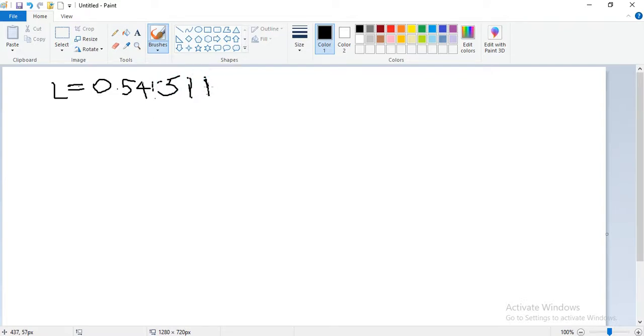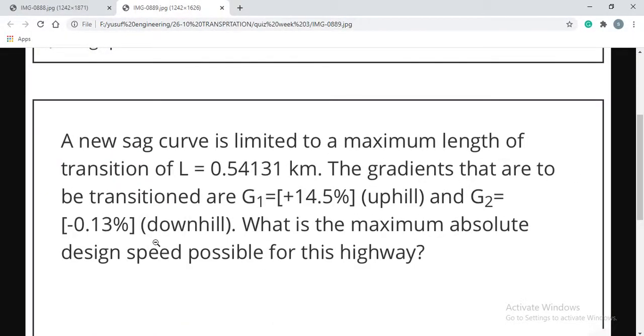It is in kilometer, so multiply it by 1000 and convert it into meter: 0.5413 into 1000 meter.